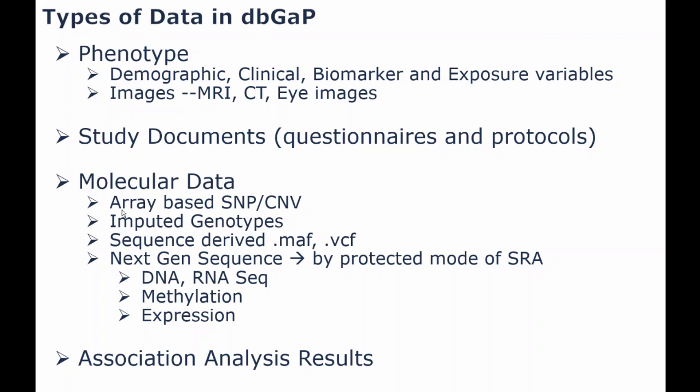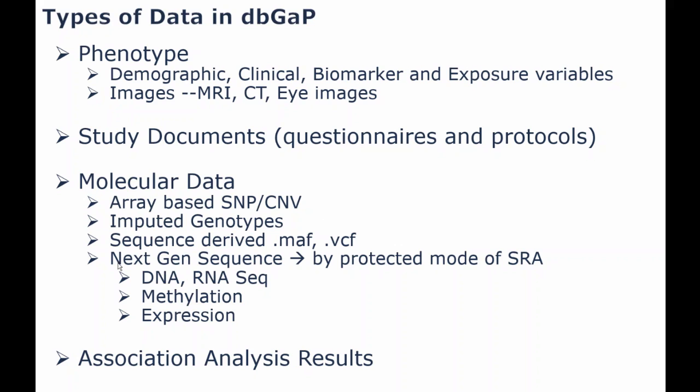The third class is a class of data broadly referred to as molecular data, but this originally was, for the GWAS studies, array-based SNP genotypes. And then more recently, in the last few years, we started to see a lot of other types of molecular data, such as imputed genotypes, sequence-derived genotypes in the form of VCF files or MAF files, which are SNVs and tumor-normal comparisons.